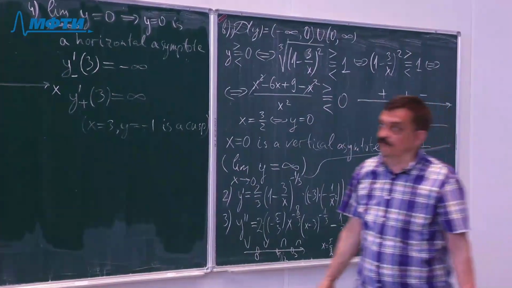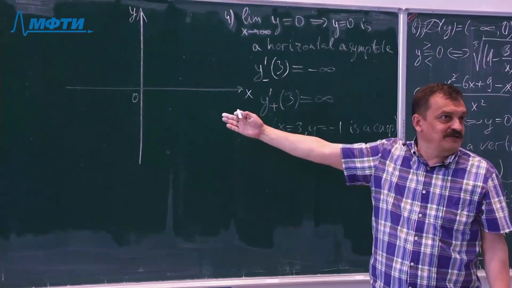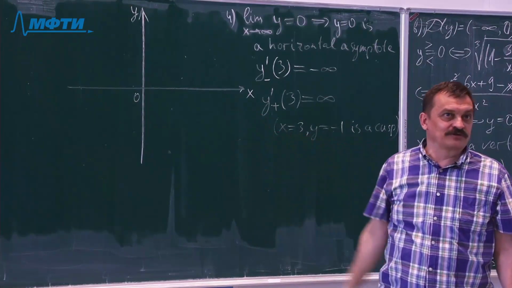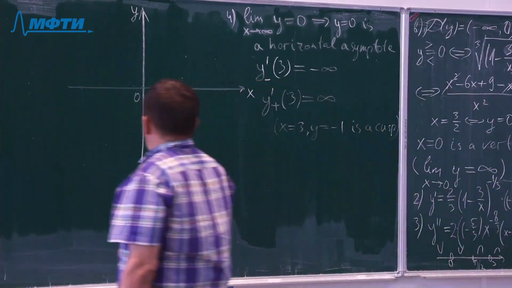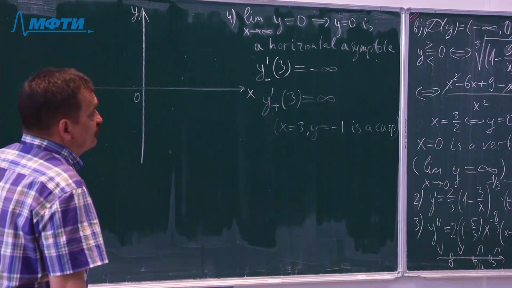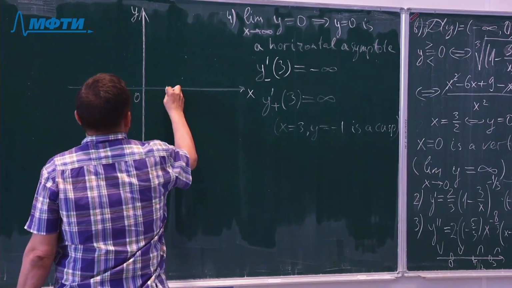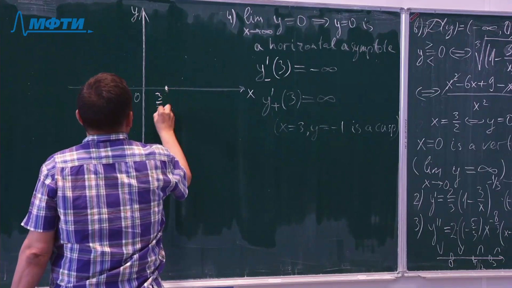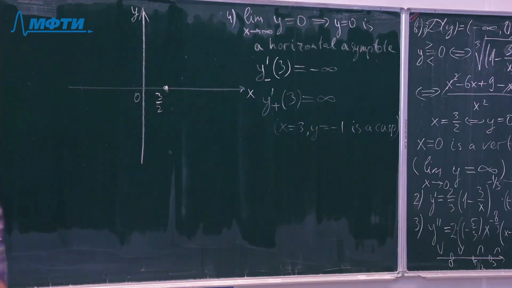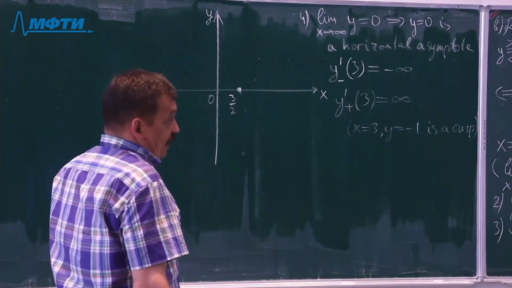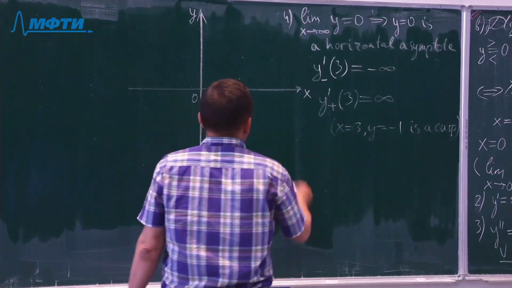It means that both asymptotes are indicated, right? They are coordinate axes. And what else we have? x equals to 3 over 2, somewhere here, that is the zero, the intersection point with x-axis. And we have a minimum at 3.